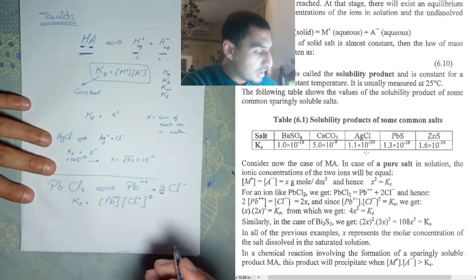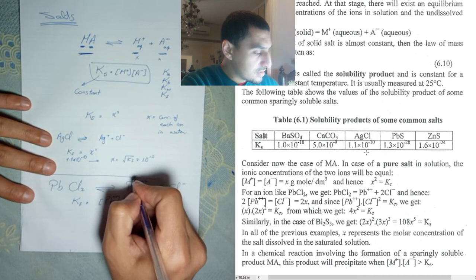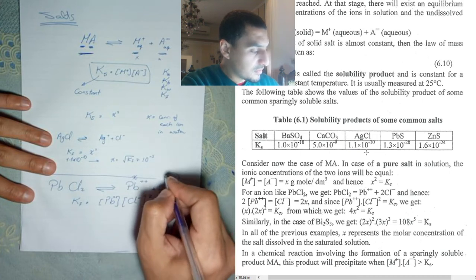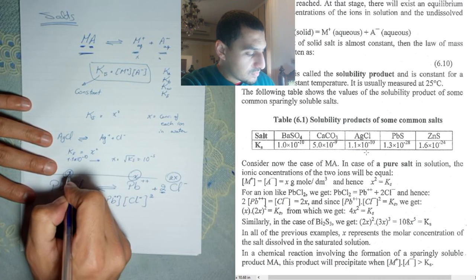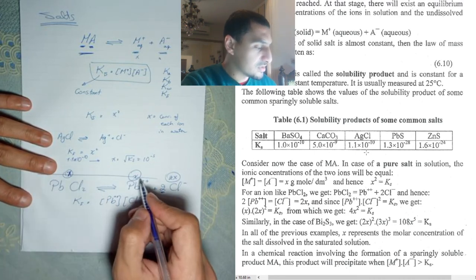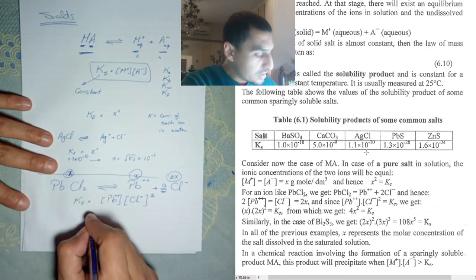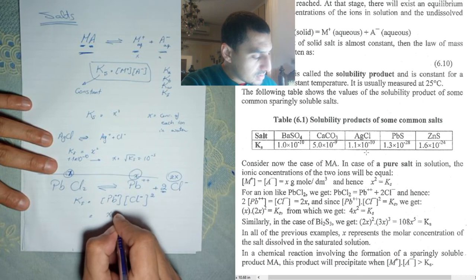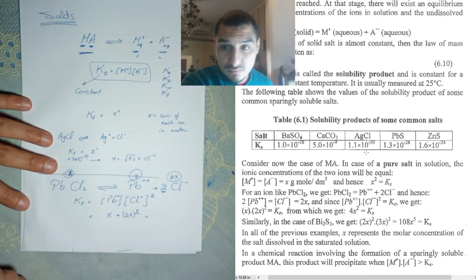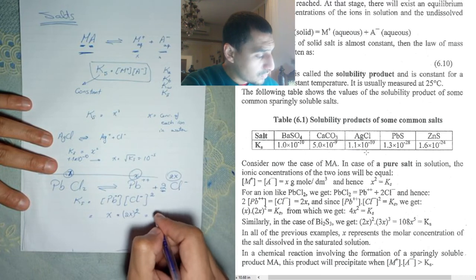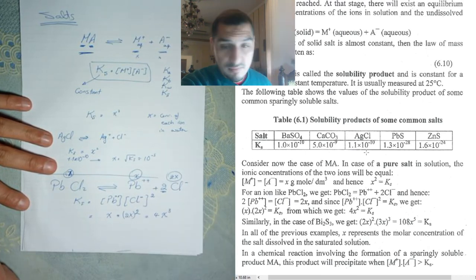In this case, I can tell also from the stoichiometry of the equation that this is going to be x and this is going to be 2x, because each 1 mole of this will dissociate to give x of this and 2x of this. So when I substitute, it's going to be x multiplied by 2x to the power of 2, which is 4x to the power of 3.